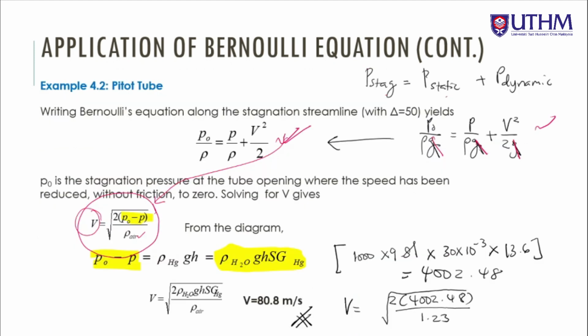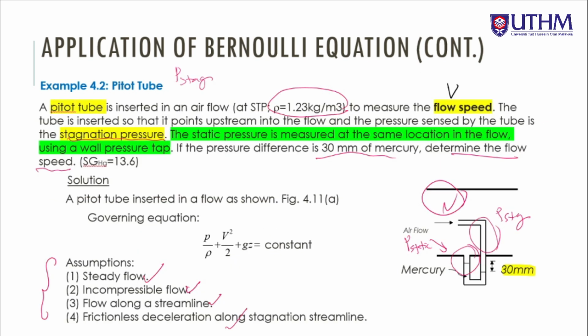So this one is equal to rho dia, density of the mercury lah. Okay, GH. Okay, but since the density of mercury tak diberi. Kalau kita tengok soalan, density apa yang diberi? Kita hanya diberi Sg untuk mercury, and then kita diberi H untuk mercury kan.